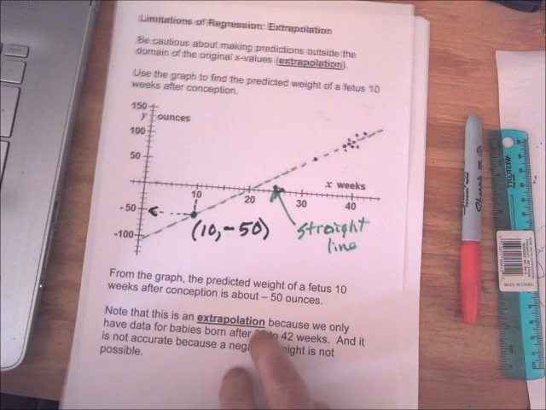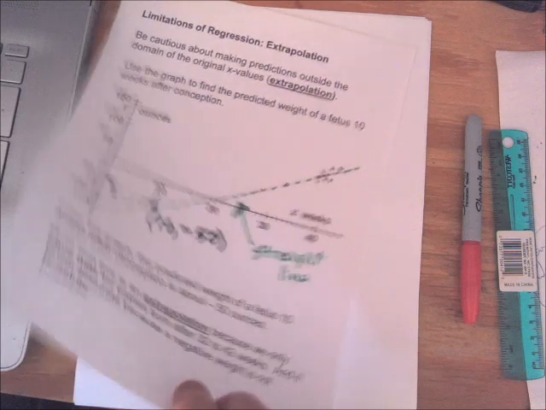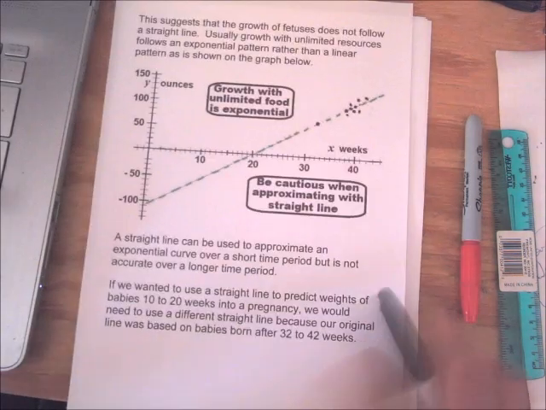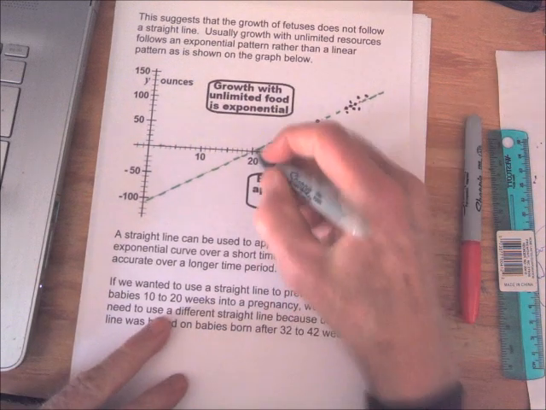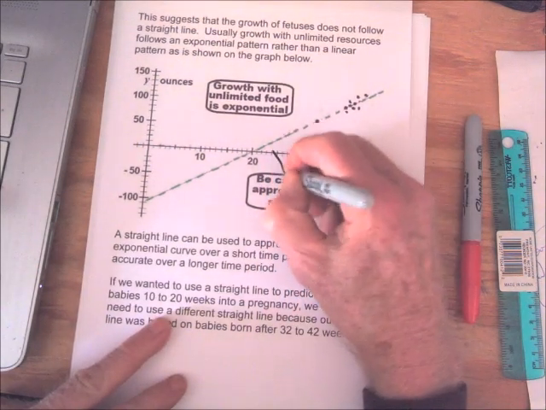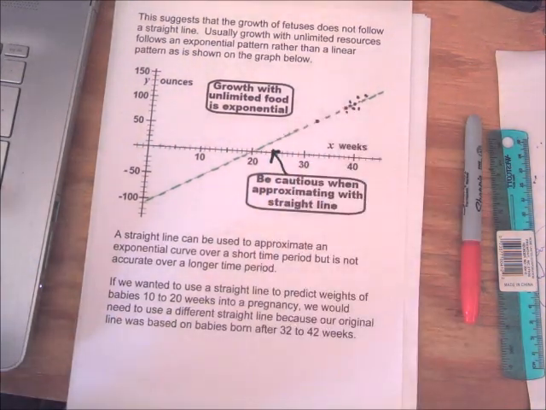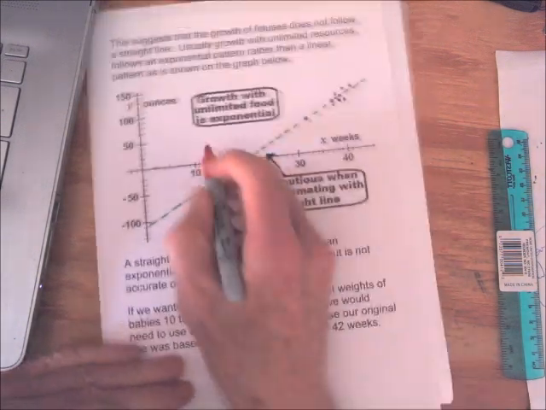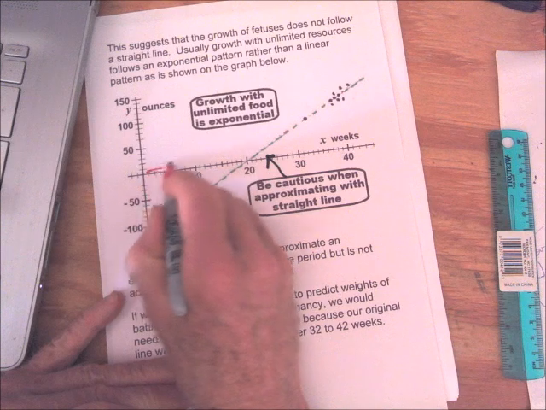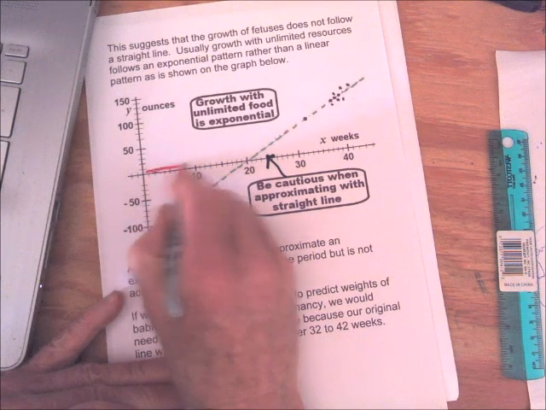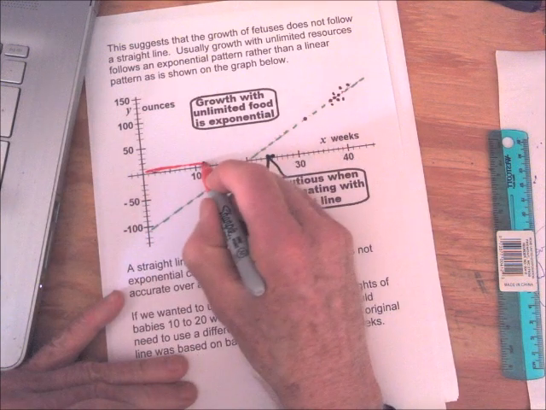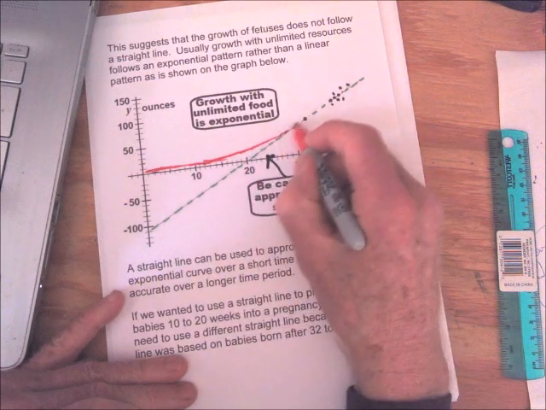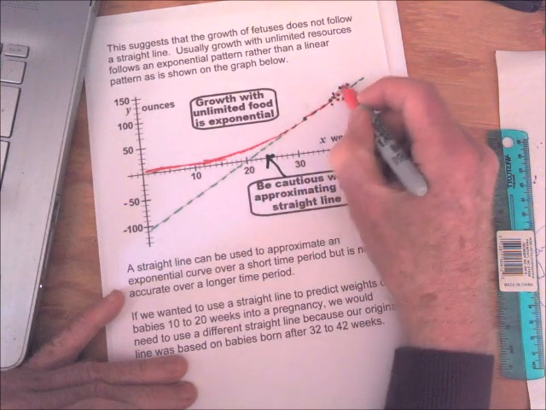So let me get this other page up here. This is our straight line pattern here, and then I'll make this a red line. With the exponential pattern, the slope increases over a period of time. So we start out with a gradual slope, and it gradually increases.